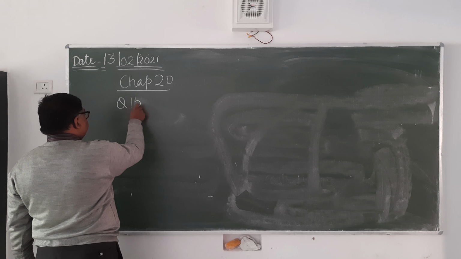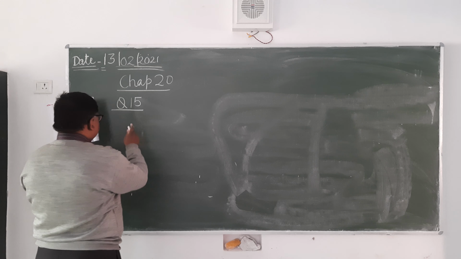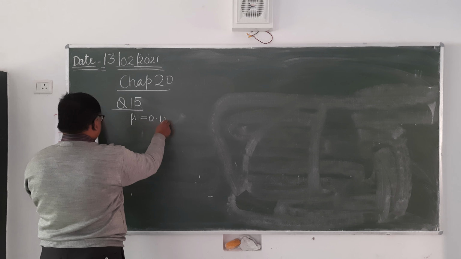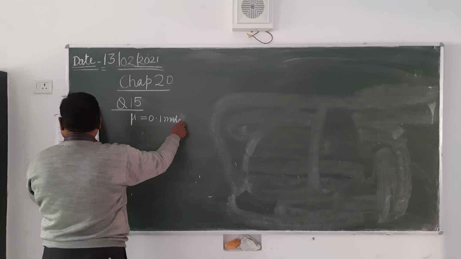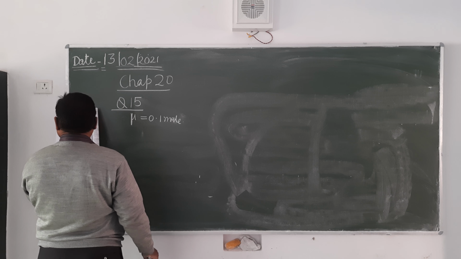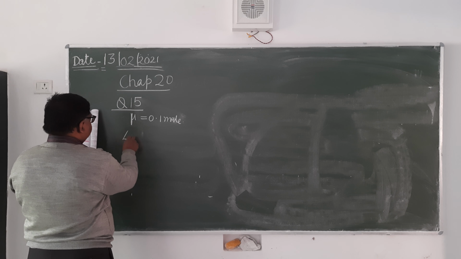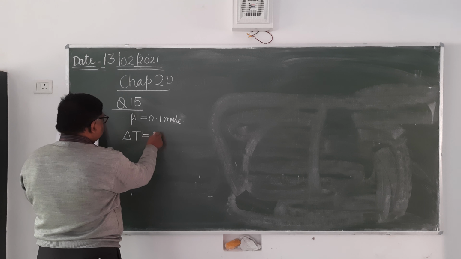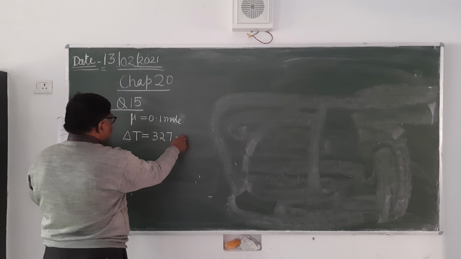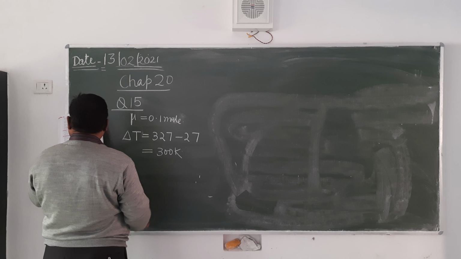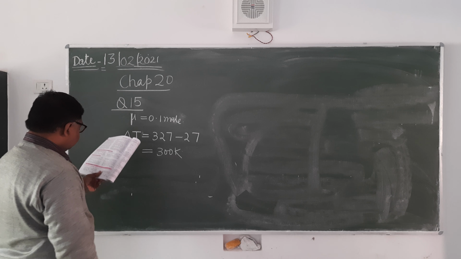Now question 15. 0.1 mole of nitrogen, mu equals to 0.1 mole, is heated from 27 to 327, means delta T will be 327 minus 27, that is equals to 300 at constant pressure.